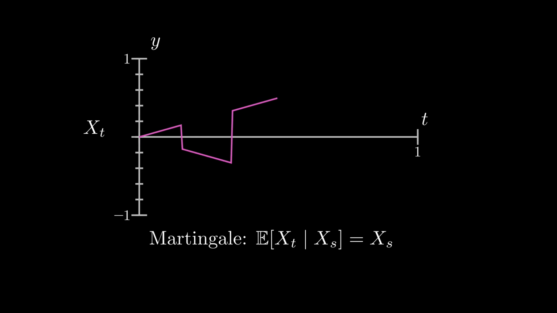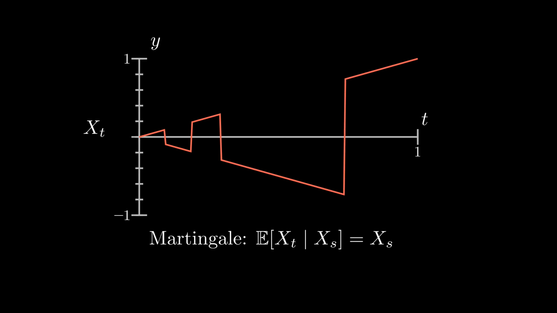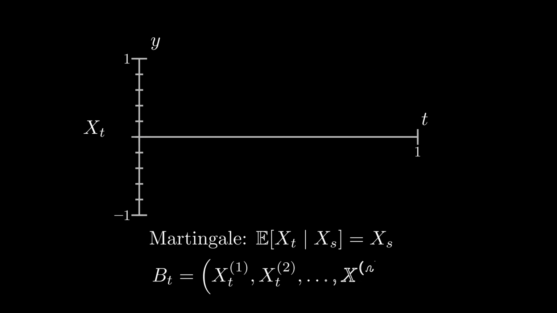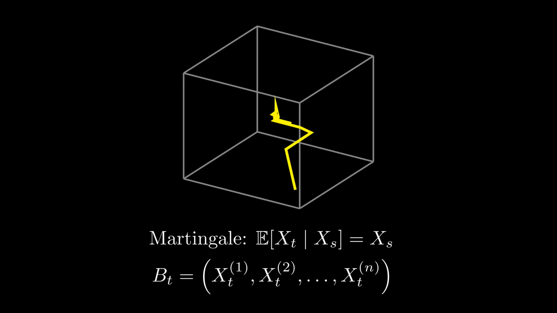However, as time goes by, the process fixates on which bit it is eventually going to hit. The closer it is to plus 1 near the end, the higher the chances that it will indeed hit 1 rather than minus 1. So the final process we use to generate our uniformly random vector, which we call bt, is just a collection of n independent copies of this martingale. Here are some samples of how it looks in 3 dimensions.